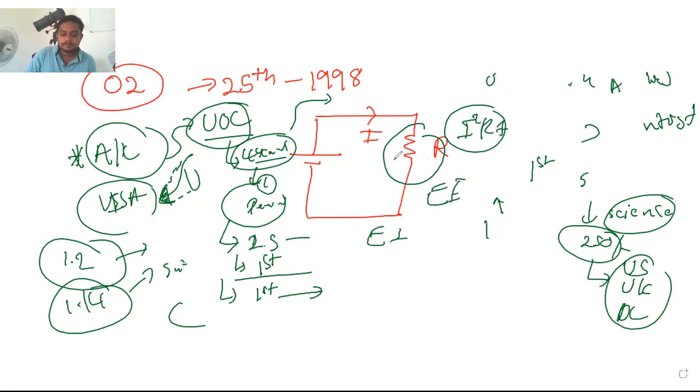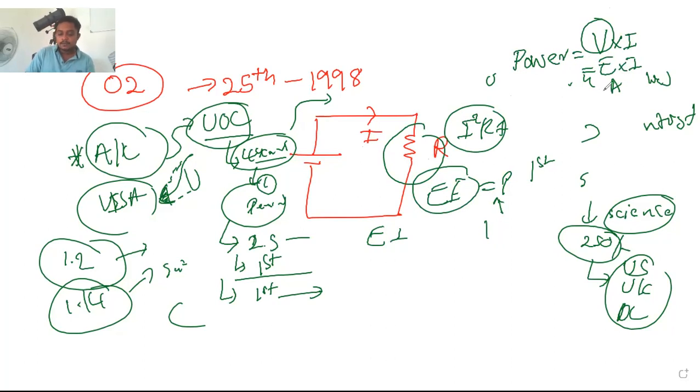That is the energy of the circuit. Sorry, it is the power of the circuit. If you remember the equation for power, power is equal to voltage into current. Voltage here is EMF and I. So EI is the power of the circuit. The answer is here.